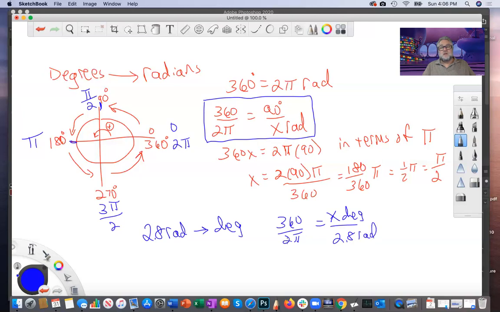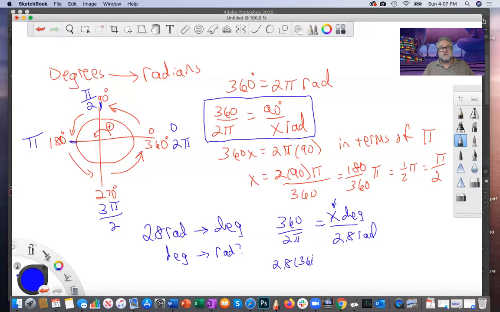Now, I'm not going to change this equation around. I'm going to leave it the same way so that when I solve every problem, the equation is set up the same. It's just a question of where is this variable x going to sit. If I'm solving for degrees, then x is in the degree slot. If I'm converting from degrees to radians, then radians is the unknown, and the x is going to be down here with radians. So again, cross multiply.